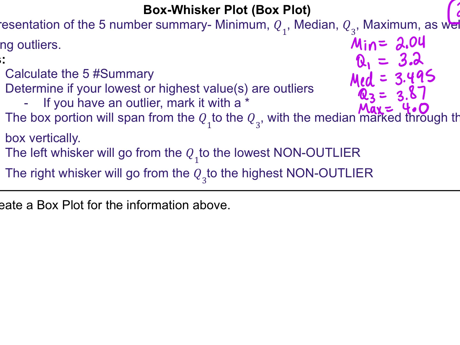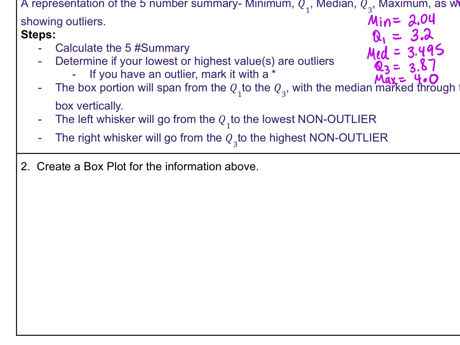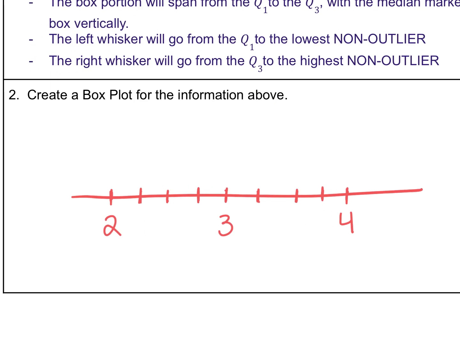Or would you maybe just go up by 1s? Probably 1s. And really, I just need to start at 2, and I only need to go to 4. I might go ahead and put 1/4 markers in there just to keep myself a little more organized. But that's really all I need for my number line.